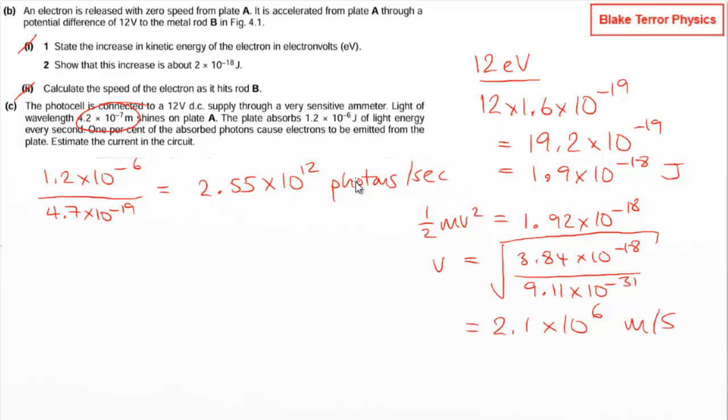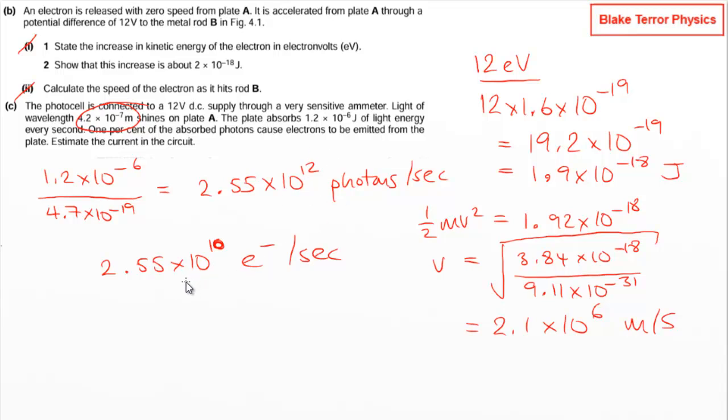1% of those photons are being absorbed. So we're getting 2.55 times 10 to the 10 electrons per second going to be emitted, because it's a one-to-one interaction between photons and the electrons, and we've got 1% of the photons.